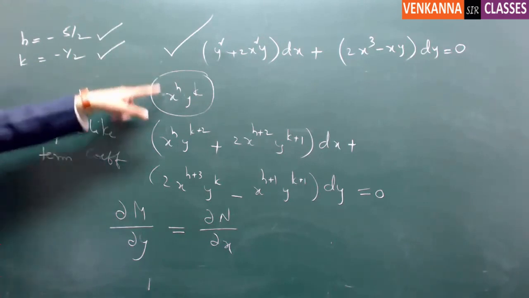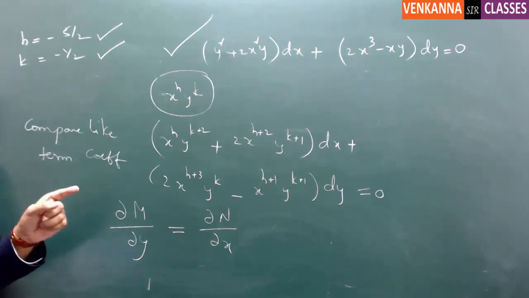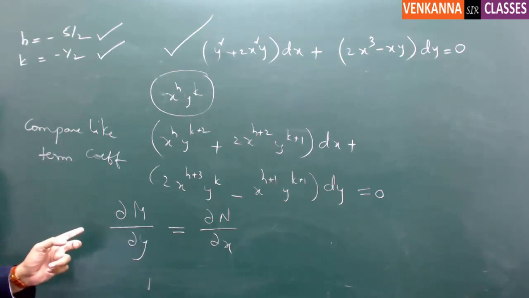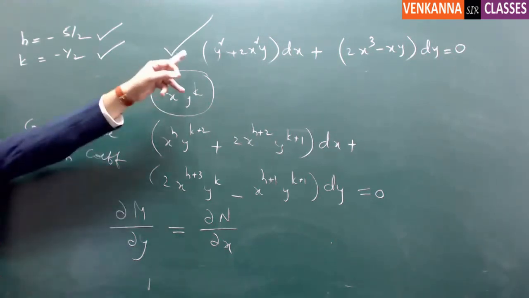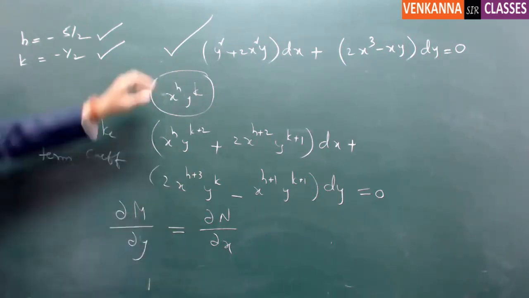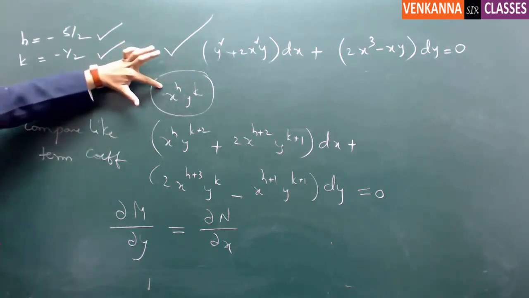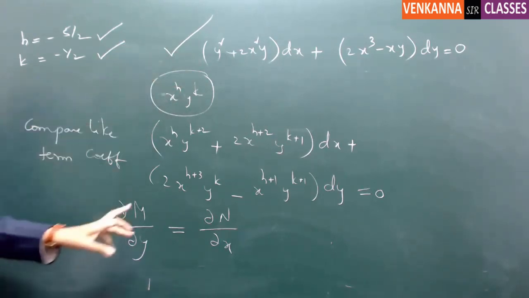This is another technique you can follow. So, if remembering the equation form and the formula in solving h and k is difficult for you, you can apply this kind of approach also. What you are doing? You are multiplying the given equation with x power h y power k.